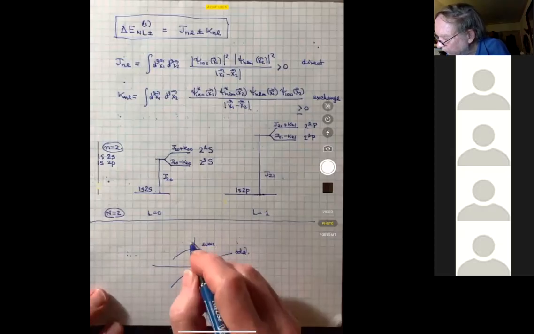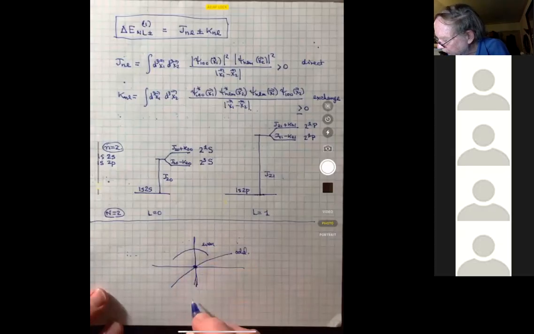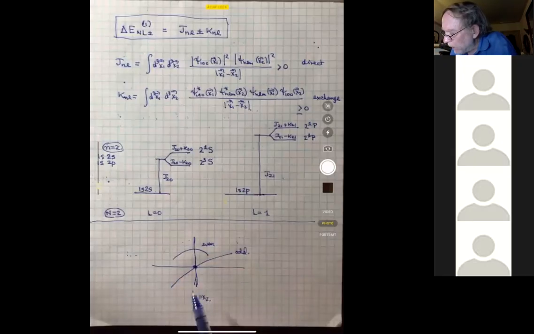So if this vertical line is the line where x1 equals x2, then a wave function that's odd under the exchange of x1 and x2 has to vanish on the line. Whereas a wave function that's even under exchange has a maximum on that line. So what that means is that the odd wave functions, odd under spatial exchange, keep the electrons further apart.